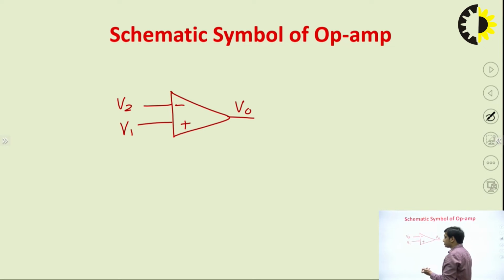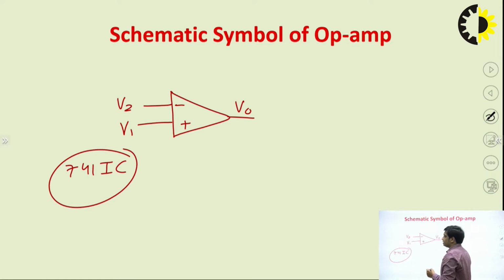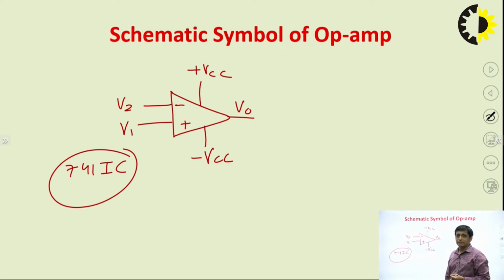If we talk about an op-amp IC like the 741 IC, since two supplies are required, we can add two supplies, plus VCC and minus VCC. That is the schematic symbol of the 741 IC, right?